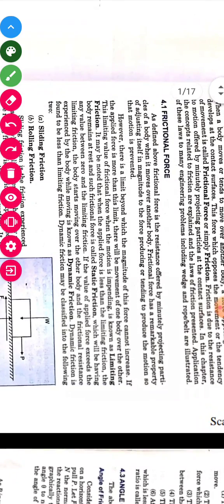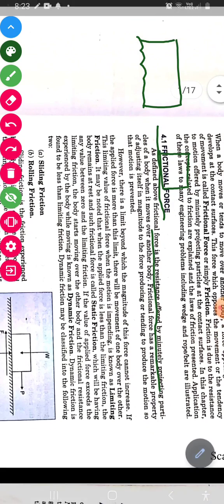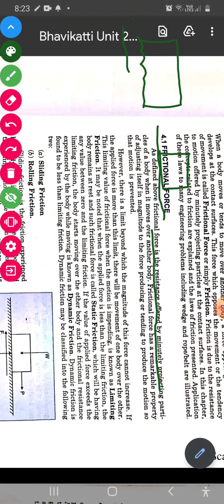We discussed about frictional force. What is frictional force? It is resistance offered by minutely projected particles. I've shown you yesterday that if the objects actually look smooth, but if you see it at microscopic level, the surfaces are a bit rough like this.